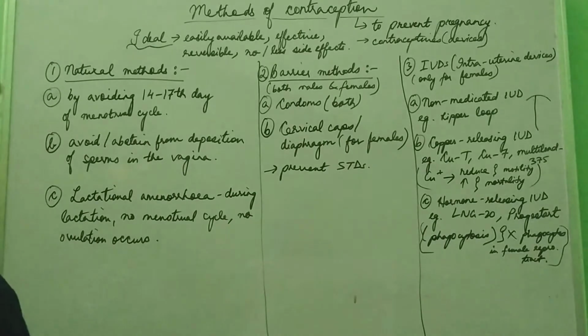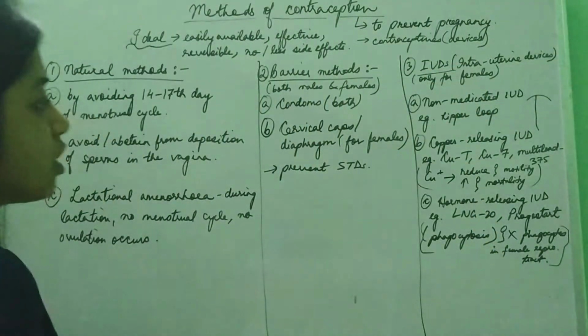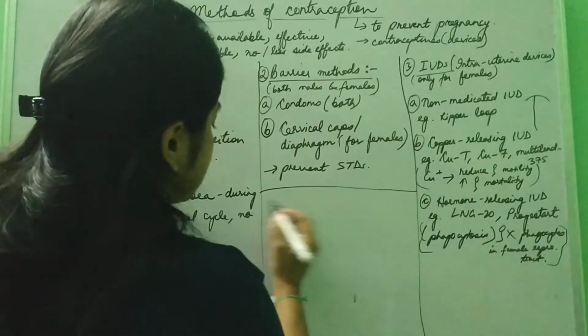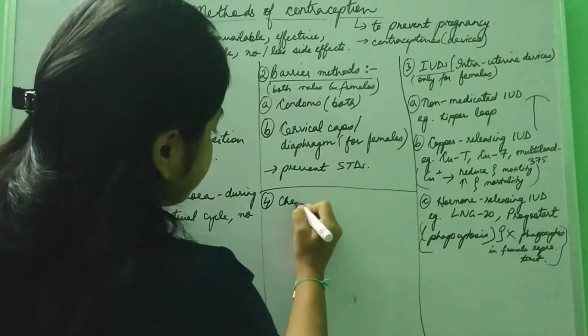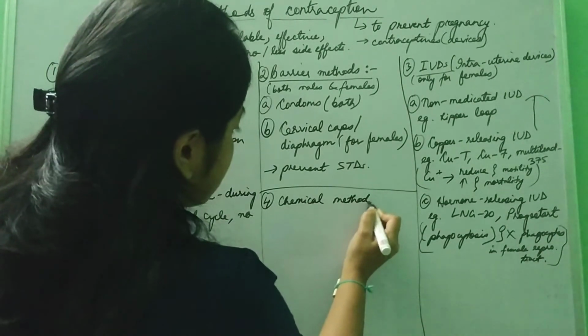We have seen three methods: natural, barrier, IUDs. So next we'll see a method. It is a chemical method. Chemical method means here hormone pills are used.